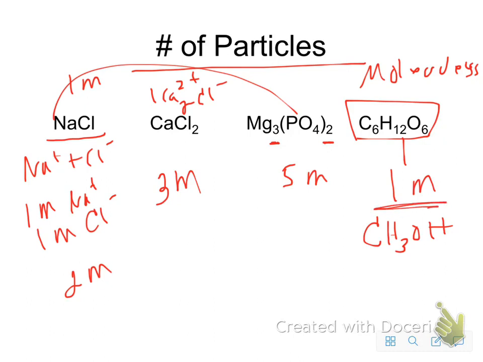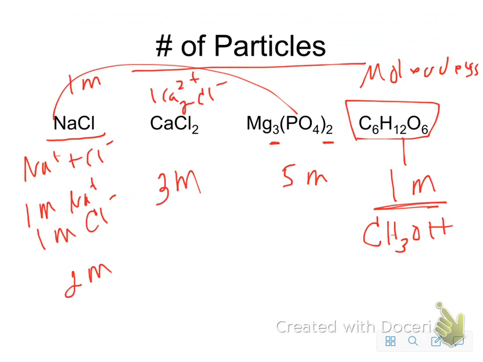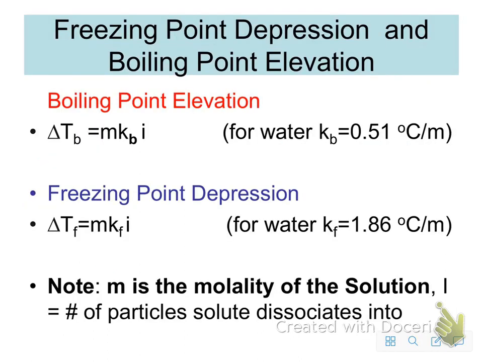So I will end up with 1 mole of that. So ionic compounds are much better at affecting those properties. On a lot of the tests, you'll be asked qualitatively, so they will ask you something like, what's going to have a higher boiling point, 1 mole calcium chloride or 1 mole sodium chloride? And the answer will be calcium chloride because there's more particles.